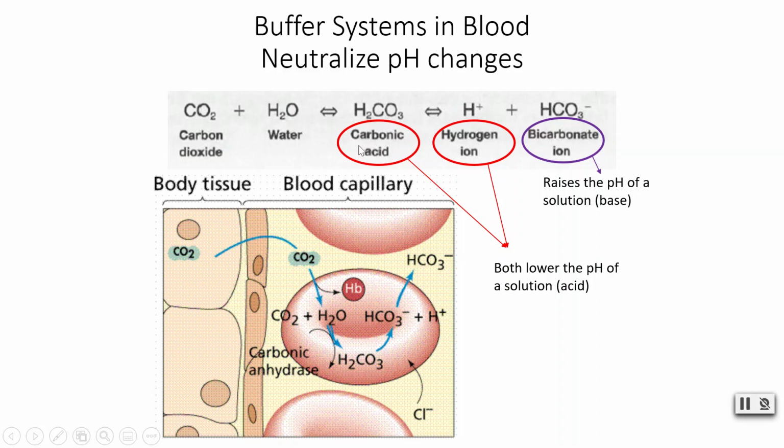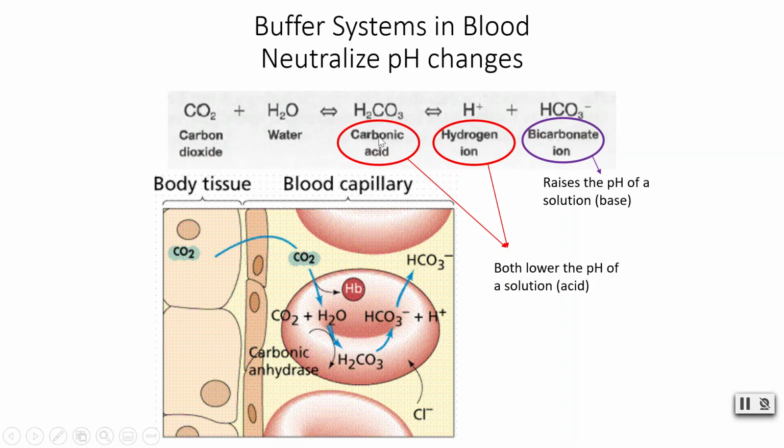Again, the name gives it away. It is an acid. That carbonic acid can then be dissociated into hydrogen ions and bicarbonate ions. You've already learned that a hydrogen ion is an acid. Now I'm going to tell you that bicarbonate is a base.